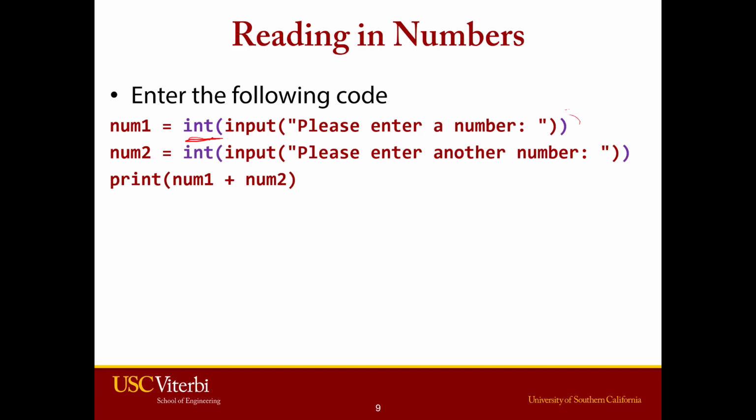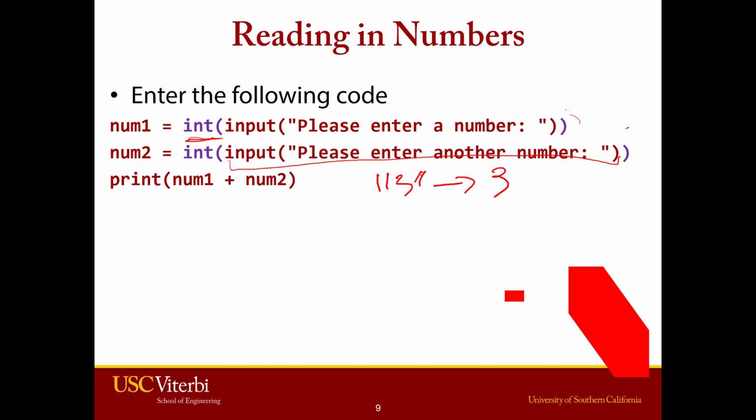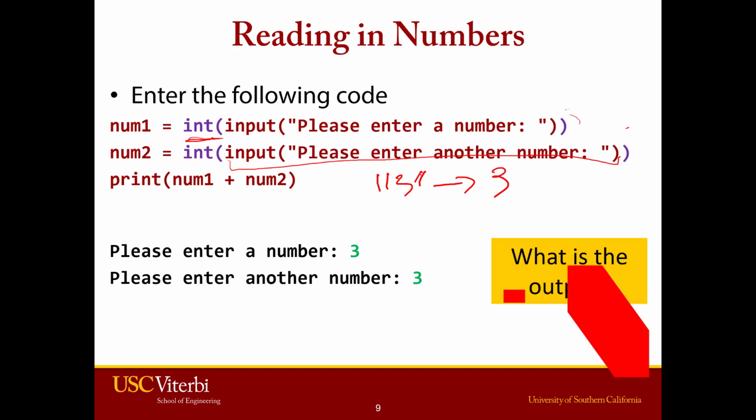And what's going to happen is this variable right here is going to be converted from, let's say, the string quote 3 to be just 3. So when you do it this way, you're going to get 6.